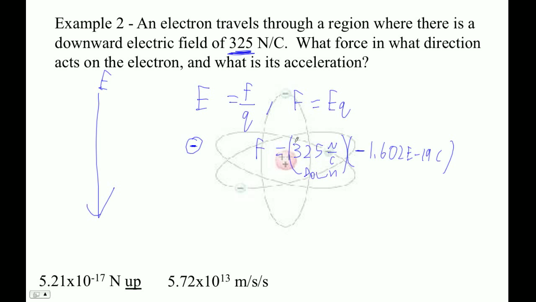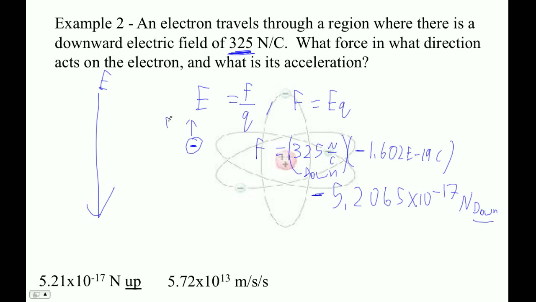When we calculate 325 times 1.602 E to the minus 19, we get a force of 5.2065 times 10 to the minus 17th newtons. And the force is going to be negative down. Now that's confusing, but negative down is up. The force would actually be up on this thing.